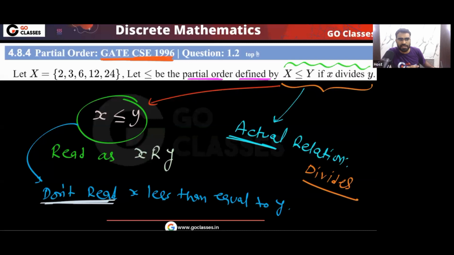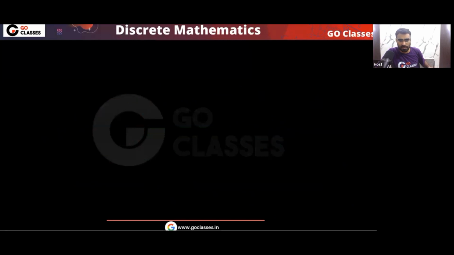So this is your GATE exam question. It is given just to confuse you, because some students will get confused. The question is saying that this symbol is a partial order defined by x is related to y if and only if x divides y. Your base set is 2, 3, 6, 12, and 24.